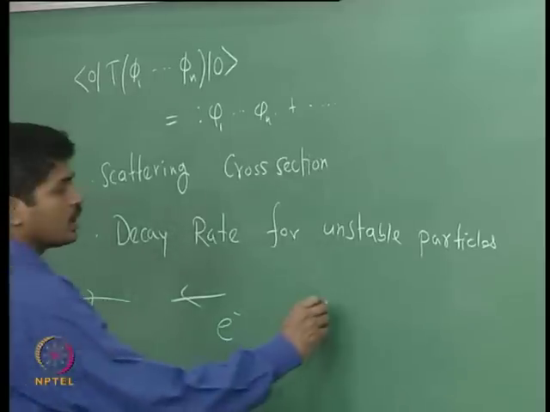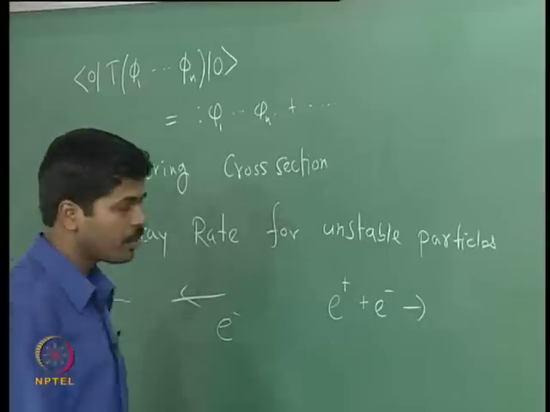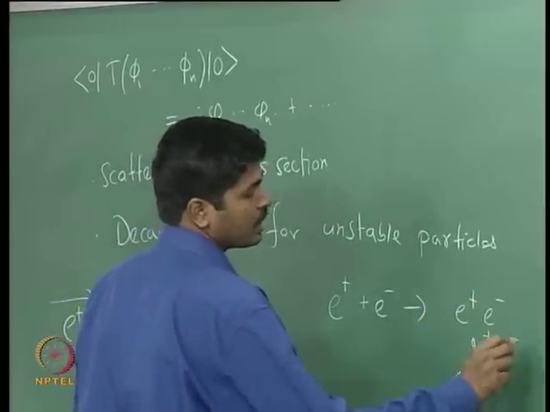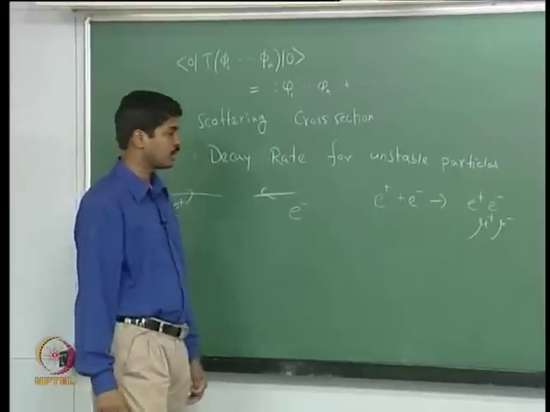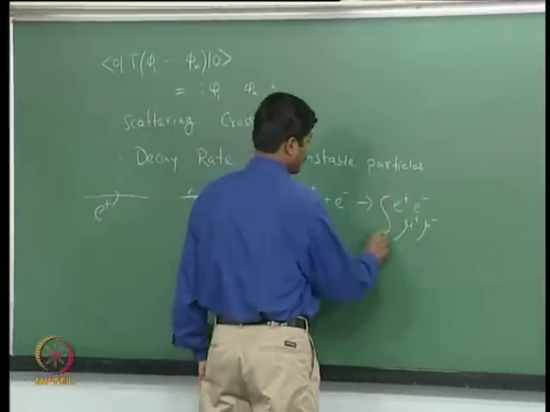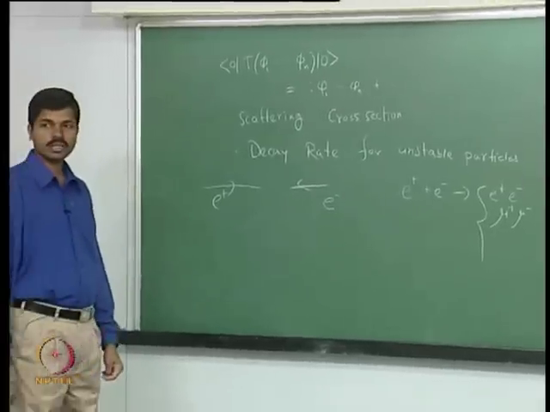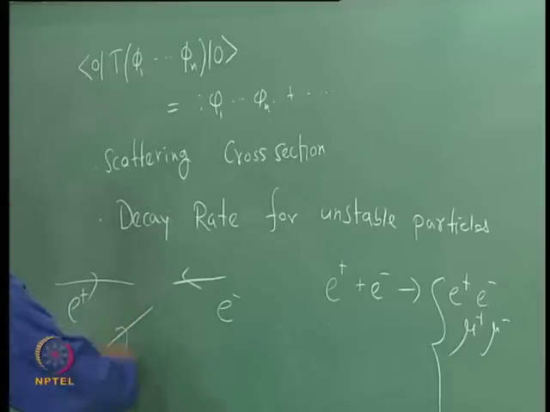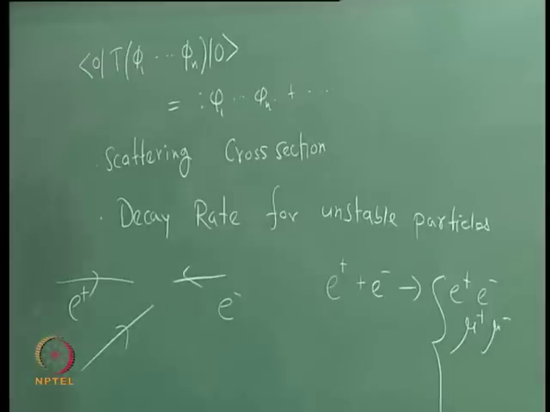For example, when you consider e+ e- scattering, you may get e+ e-, mu+ mu-, or mu+ mu- gamma, all kinds of things as outgoing particles. You need to find out the cross section for all these. Or you can have more than two particles, let us say three particles interacting with each other and going out and so on.